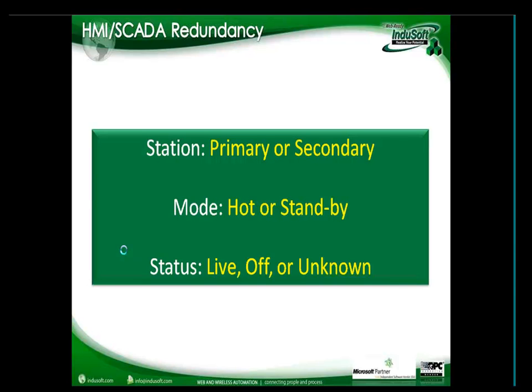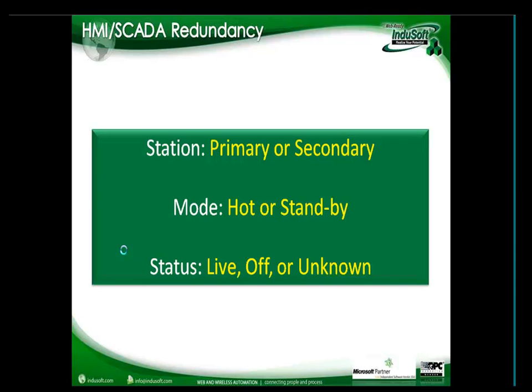Doesn't mean that the primary is the hot station and the secondary is the standby, or vice versa. Either one could be either hot or standby during the runtime, depending on the conditions of the system. But one station is called the primary one, the second one is the secondary.